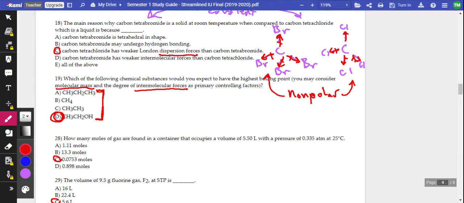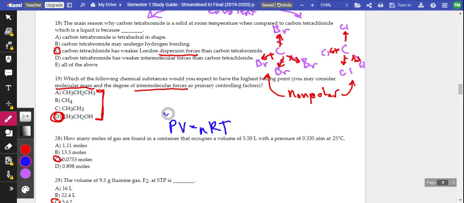Number 28: how many moles of gas are found in a container that occupies a volume of 5.50 liters with a pressure of 0.335 atmospheres at 25 degrees Celsius? It's time for the ideal gas law. So we have our gas law, which is PV equals nRT, aka PivNert.